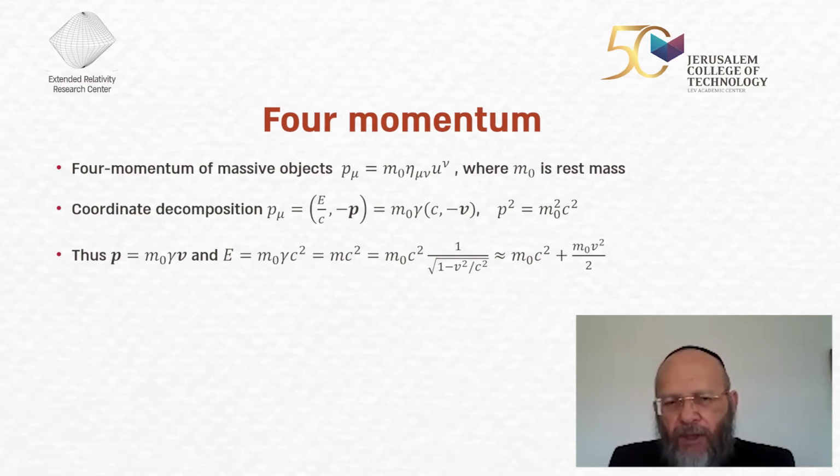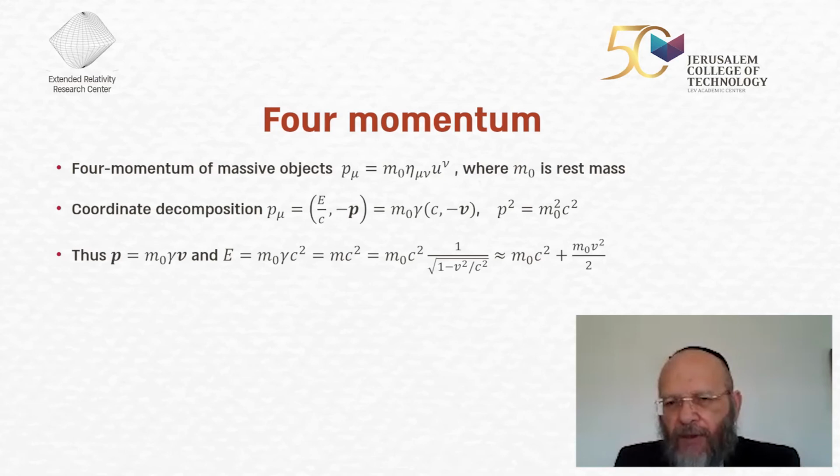Currently a lot of people don't use that, and for the mass they use m0, because that's a property of the object, not of its motion, how I observe it, and they use the gamma. So let's write down explicitly what m0 c squared gamma is. Now we expand this in the power series.